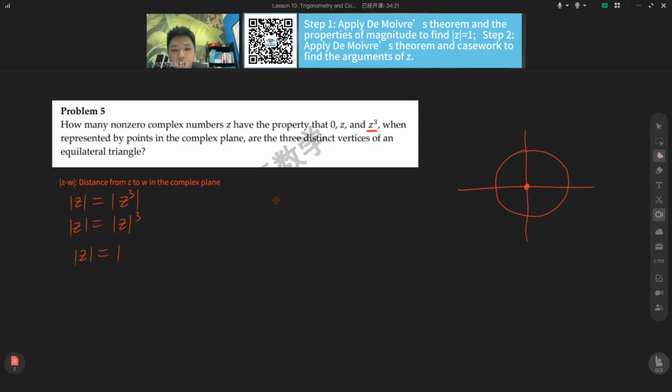And now, if I let z, because the magnitude is 1, that's going to be cis theta. Then z cubed is going to be cis 3 theta. And now, there are a few cases. So how do you finish from here?